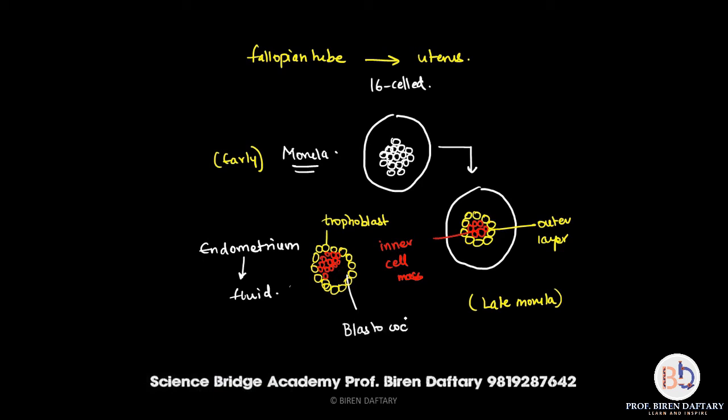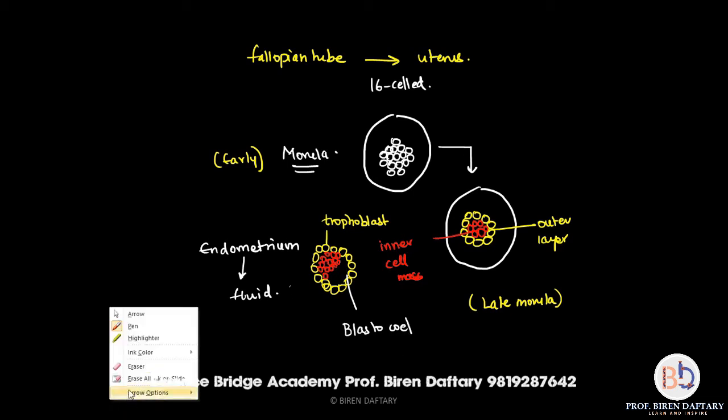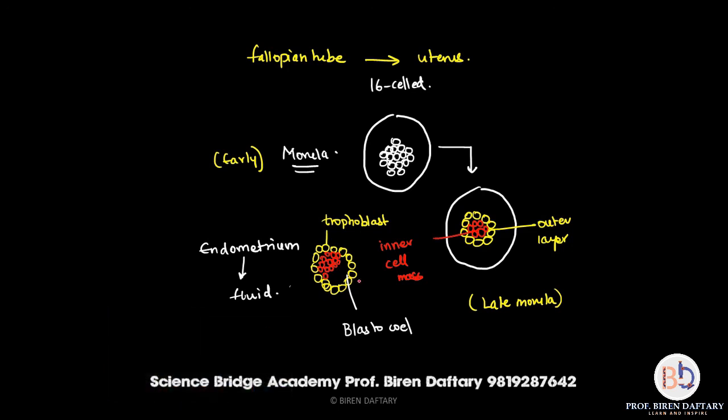Cele comes from coelom, which is the true body cavity. So this space is blastocele. These are the inner mass of cells, and this inner cell mass is called the embryonal knob. I hope you are getting my point.